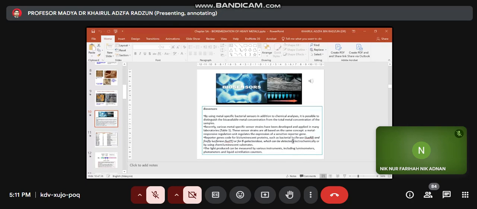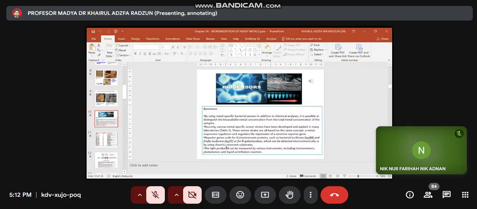If you talk about the firefly luciferase, we are not using the firefly directly, but we take the gene from the firefly luciferase and encode it into the bacteria through molecular biological techniques, genetic modification. Eventually we can encode this LUC-FF into the cell.